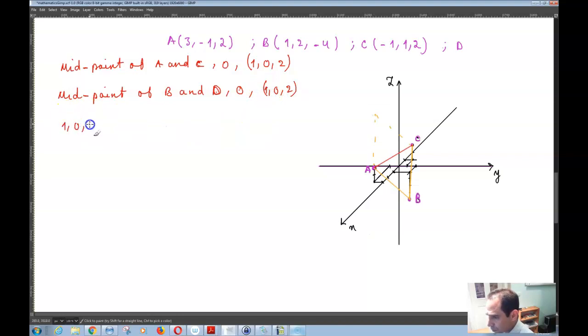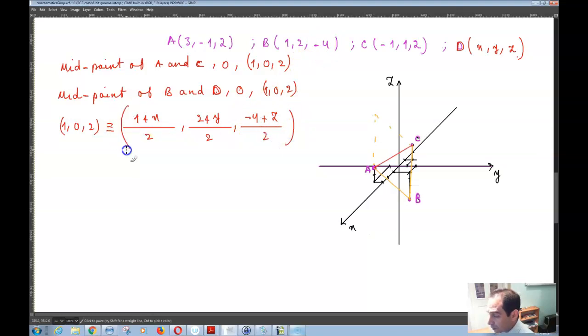So I can write (1, 0, 2) is the same thing as the midpoint of B and D. If I call the coordinates of D as x, y, z, then it would be (1 plus x) divided by 2, (2 plus y) divided by 2, and (negative 4 plus z) divided by 2.